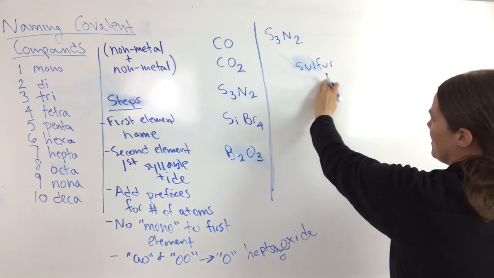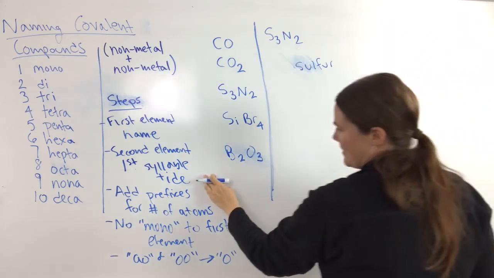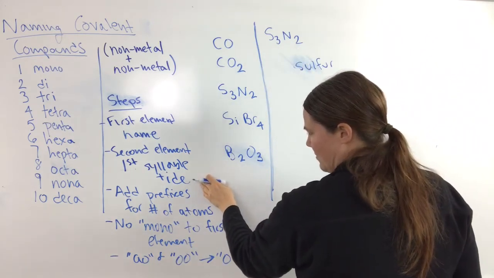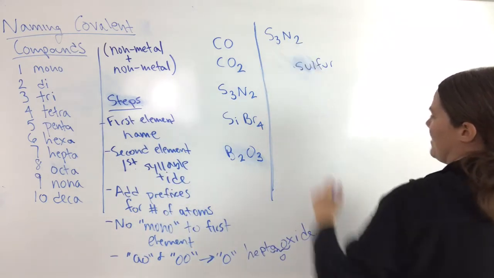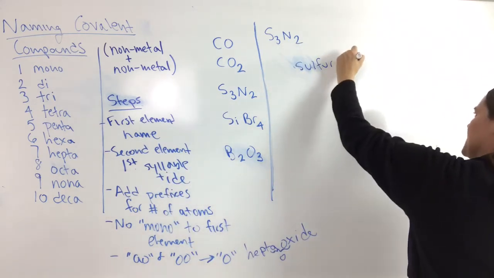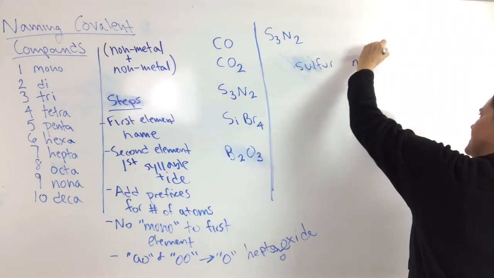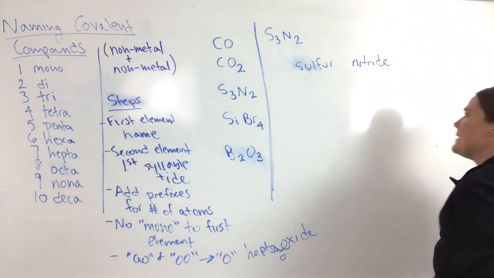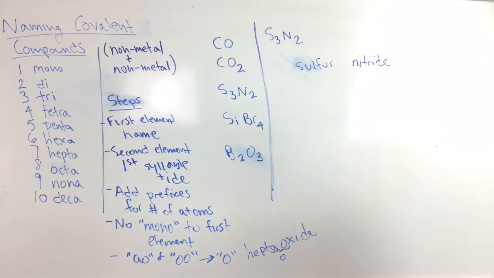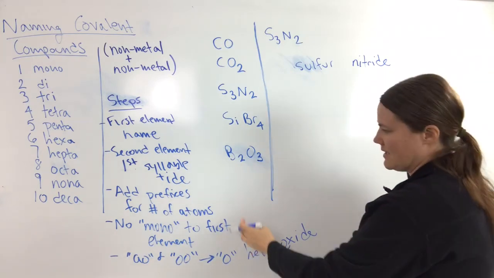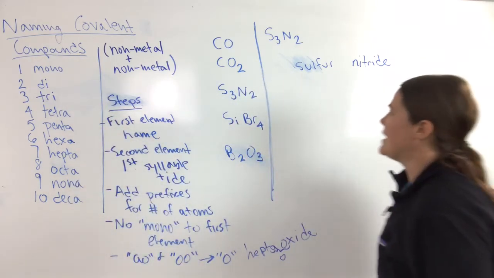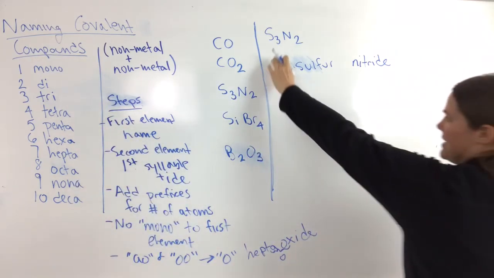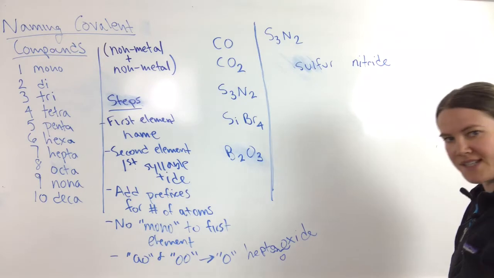Then we write down the name of our second element with the first syllable plus "ide." For nitrogen, this would be nitride. Now we need to add our prefixes. We go to the prefix table, and we have 3 sulfurs.